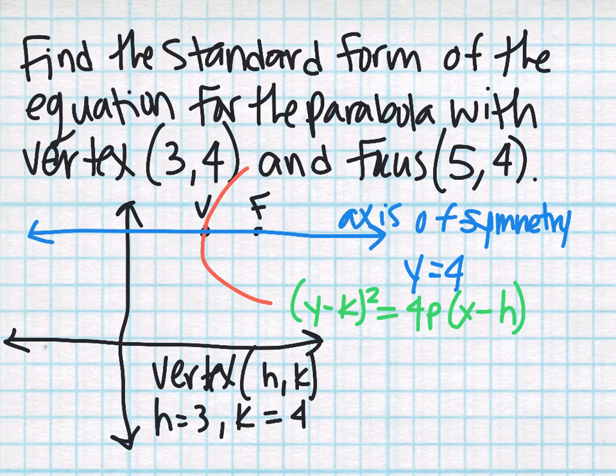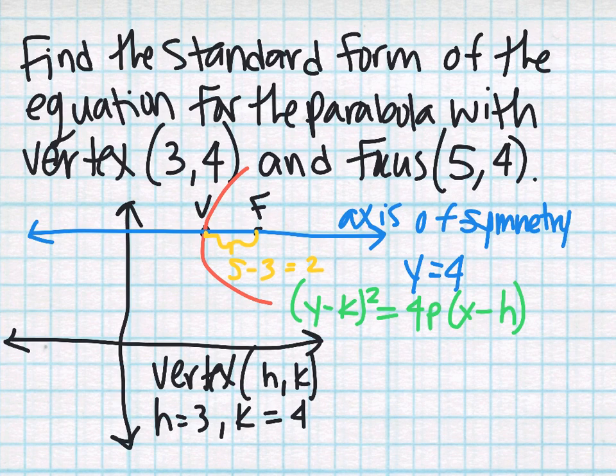So now we need to look at the focal length. The focal length is the distance between the vertex and the focus. So I can take my coordinates, and the distance from the vertex to the focus is 5 minus 3. I'm doing that because it's not always as easy to count and see that this is 2.